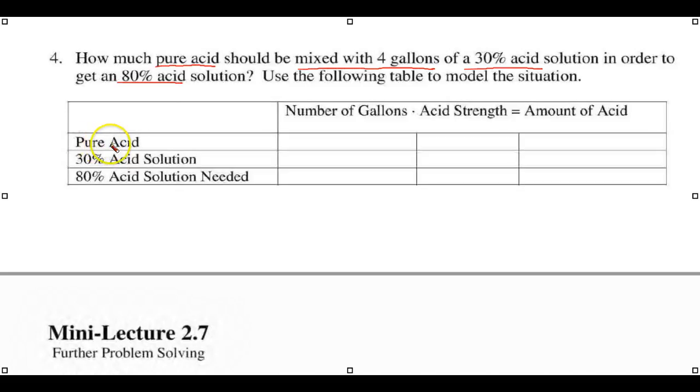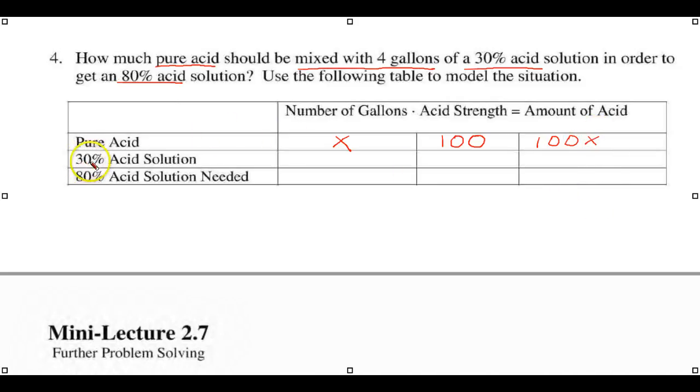How much pure acid? Well, we don't know. So we can call that X. What is the strength of pure acid? It's 100%. So how much acid would you have then if you multiply the number of gallons by 100? Well, you have 100x.